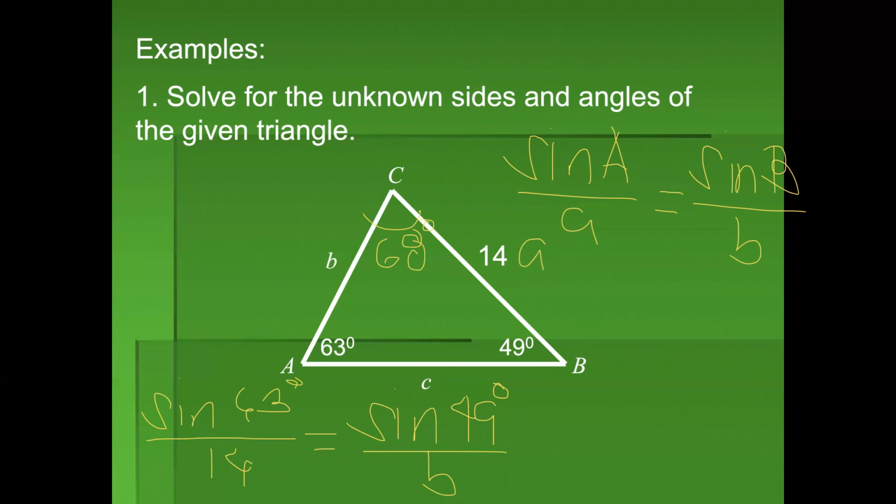So with that, it will become B sine 63 equals 14 sine 49. Now, since we want to solve for side B, we'll just divide both sides by sine 63 so that our solution will be like this.